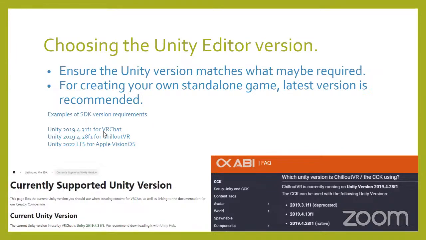For instance, for VRChat, the Unity version required would be 2019.4.31, and for Chillout VR, that'd be 2019.4.28. And for Apple Vision OS, which you will be able to develop for with Unity as well, you would be using Unity 2022 long-term support.